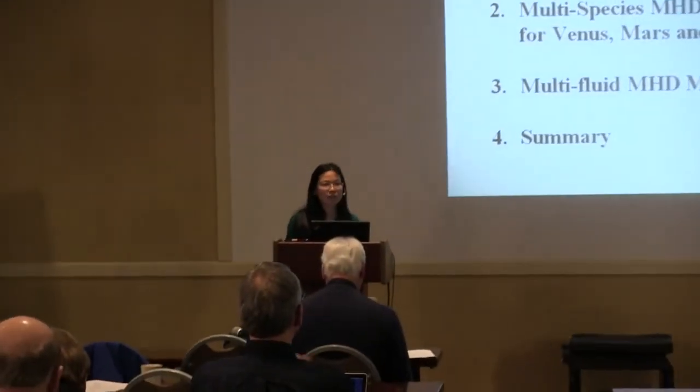I will show some results of those and their comparisons with observation. This model has been recently improved to a multi-fluid MHD model. I will also discuss the importance of multi-fluid effects around these three objects. The talk will be concluded with a short summary.